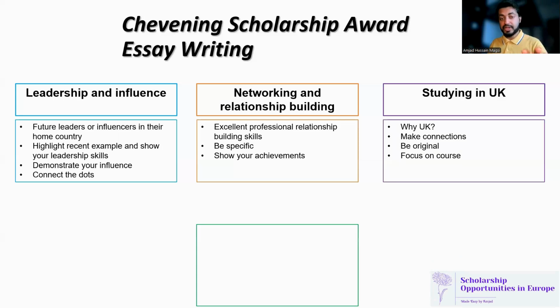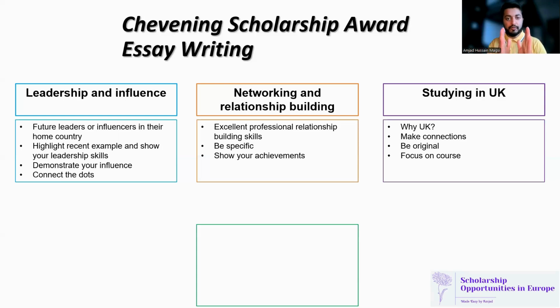Because if you're applying for Chevening, you have to select one course at three different universities, or at one university, three different courses, okay? You have to select three choices for your application package. So if you are selecting any particular course, when you are applying, why have you chosen that course, how is that course linked to your professional career or your studies or undergraduate or whatever.